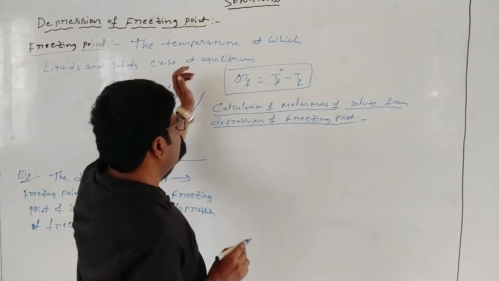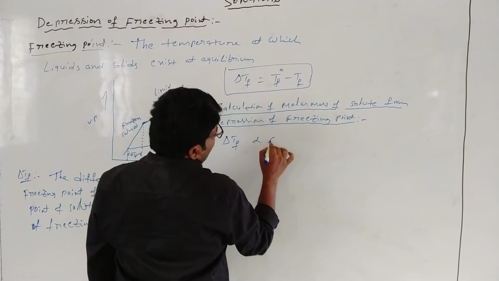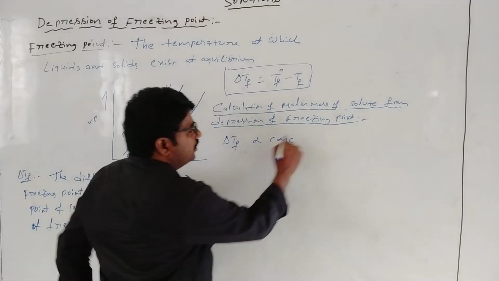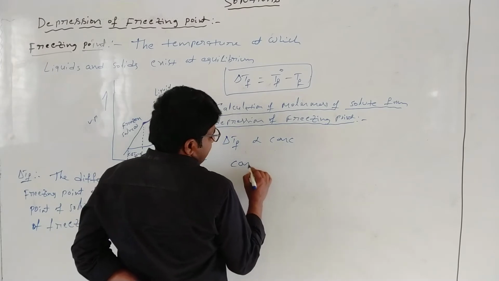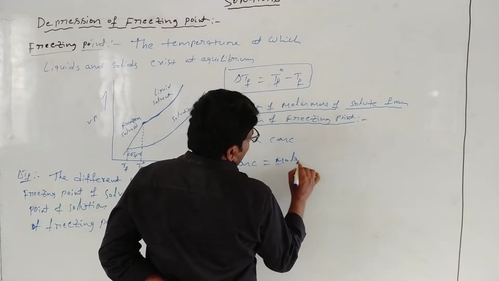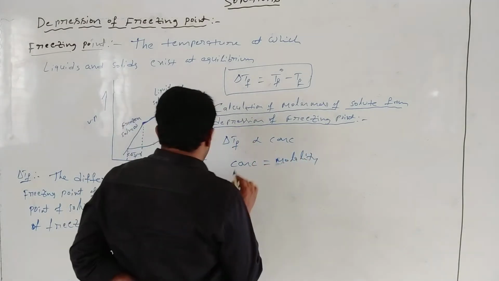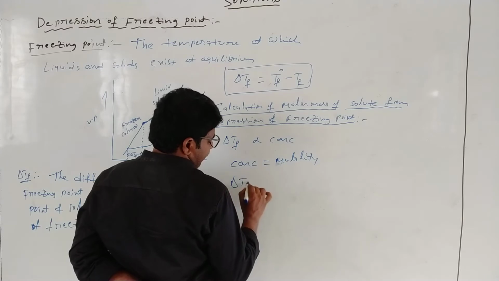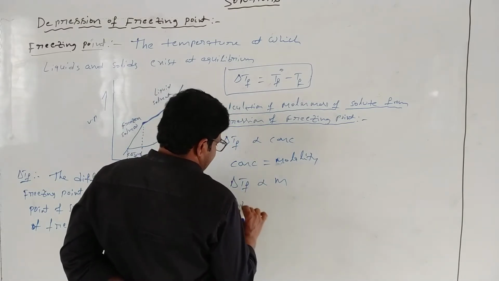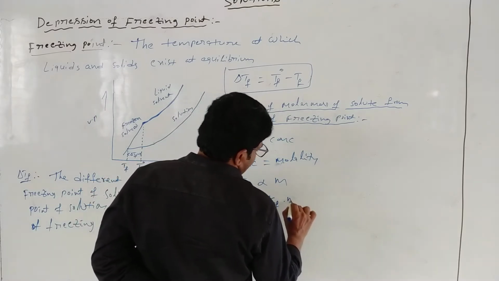So as you know, here delta Tf is directly proportional to the concentration. Here concentration is nothing but molarity. We have to take molarity as the concentration. Now delta Tf is directly proportional to m, and delta Tf is equal to Kf into m.